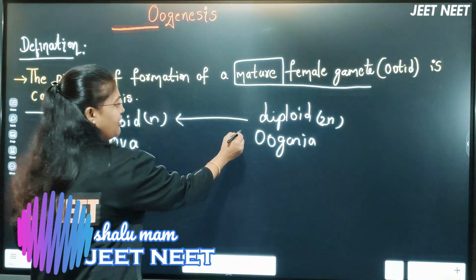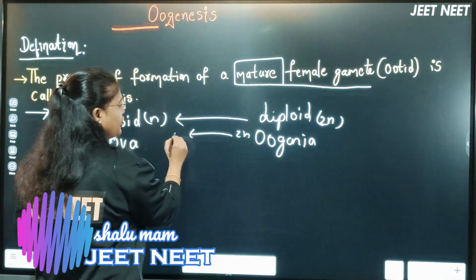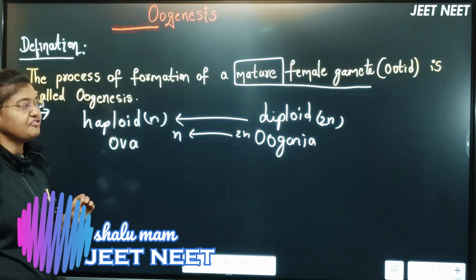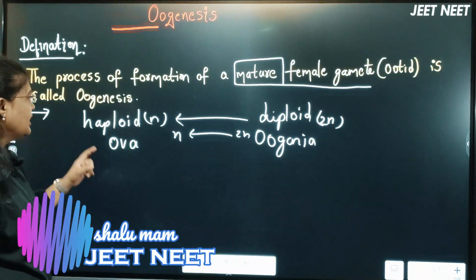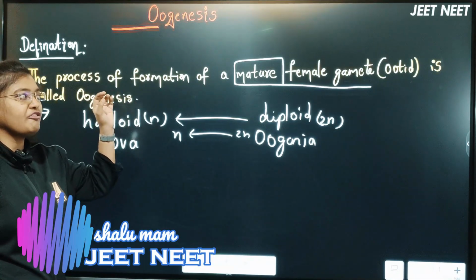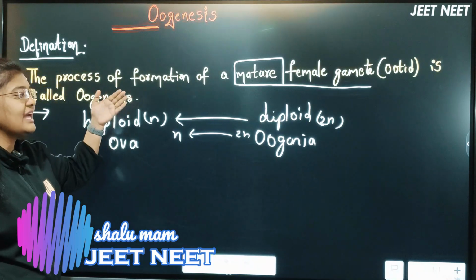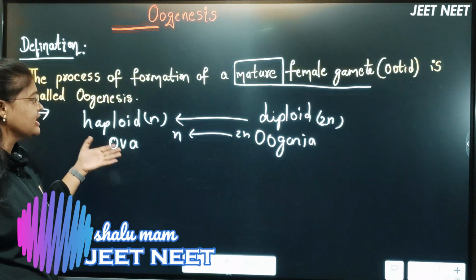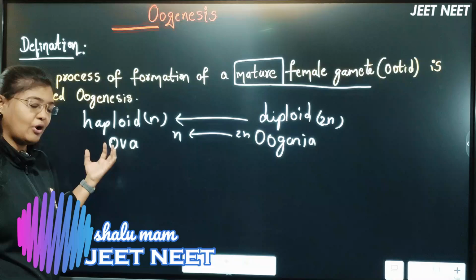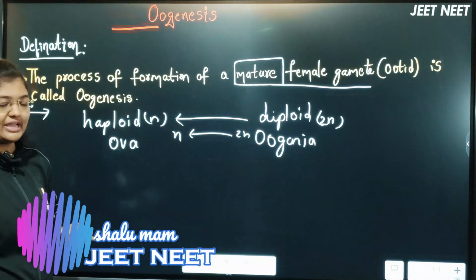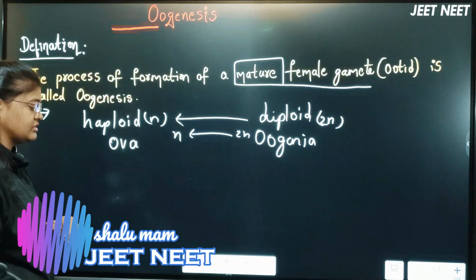Simply we can say that from 2n you are going to produce n. This is another definition for the process of oogenesis. The process of formation of a mature female gamete is the NCERT definition. Another way to say it is formation of a haploid ova from the diploid oogonia. We will call it the oogenesis process.